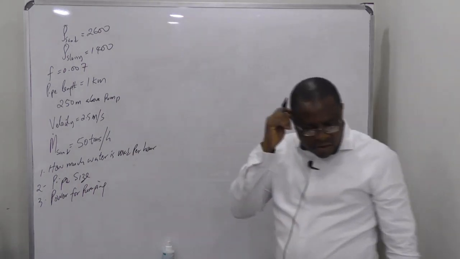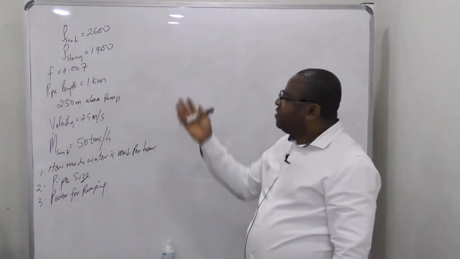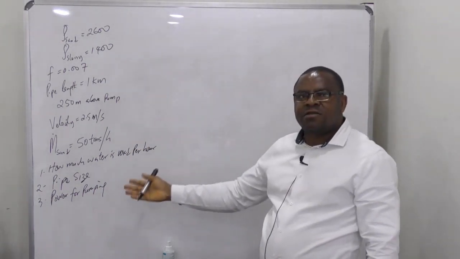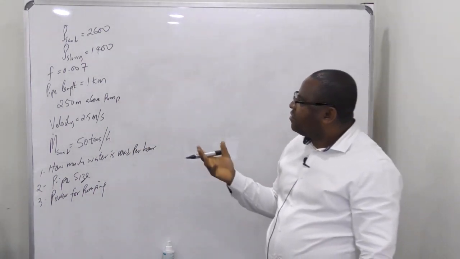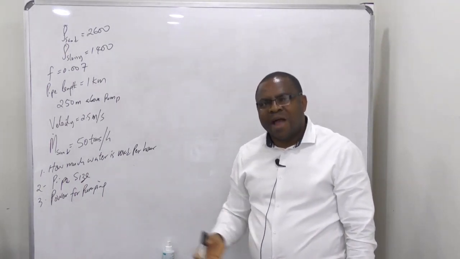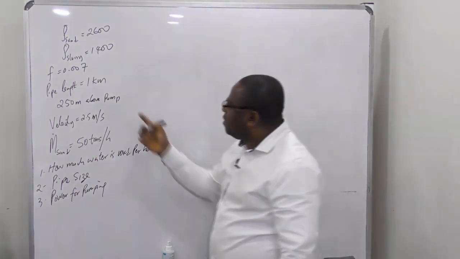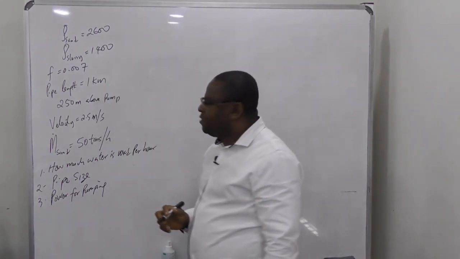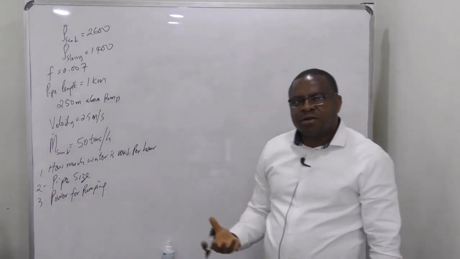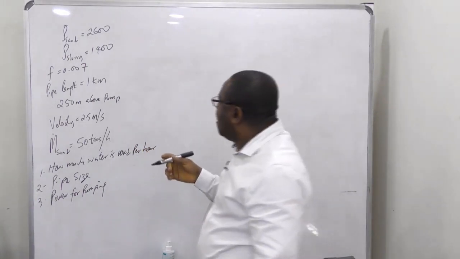Okay, so you are given this kind of question, and you've listed these parameters. So the sand, the slurry, the length of the pipe, about one kilometer, and then also the static head. I don't know, they didn't tell us how this is.